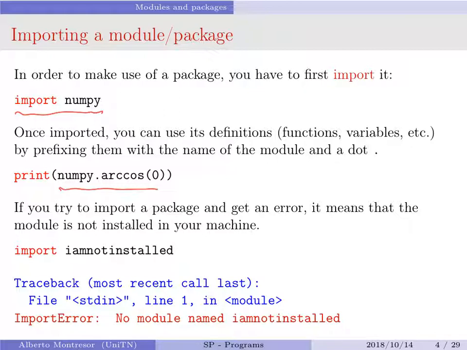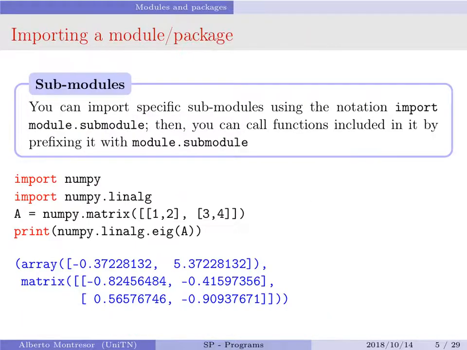So numpy.arccos is a function, arccos, which is included in numpy. If you try to import a package that does not exist, then you get an error like: no module named, I'm not installed.